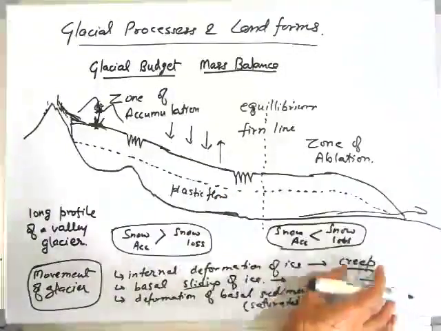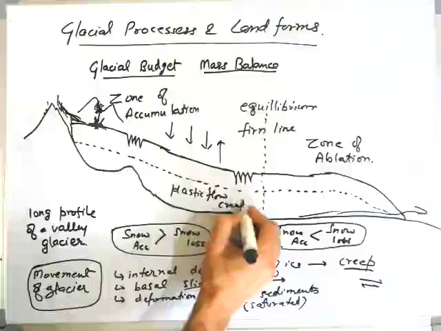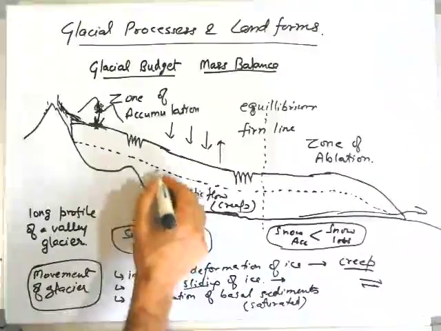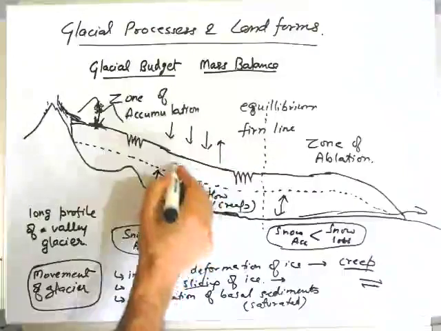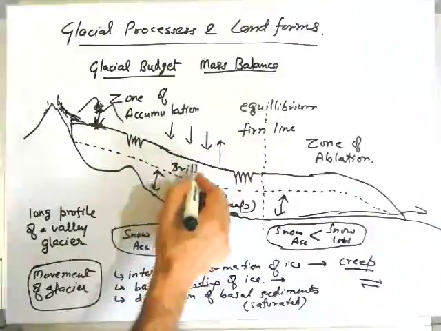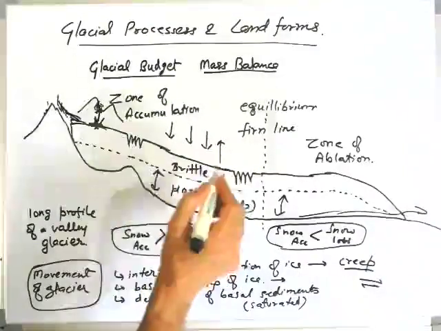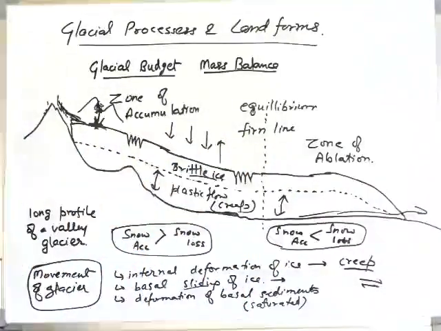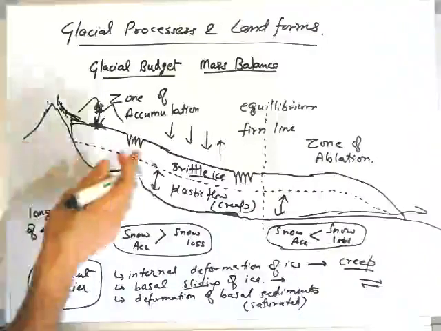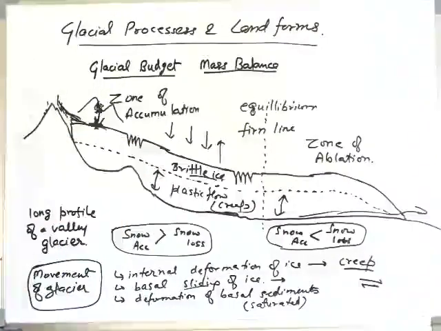That is the creep. The creep is taking place in this part. And the upper part is brittle ice. So this ice is not deforming. This will not deform, rather it will break. Because it is brittle, it will break into fractures.